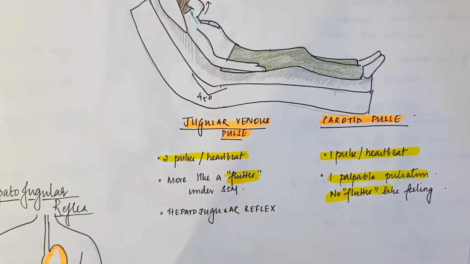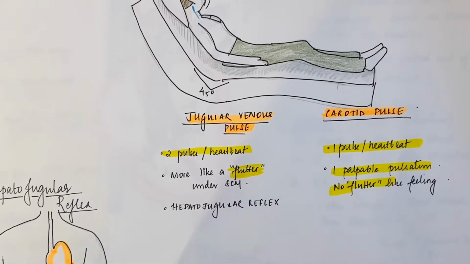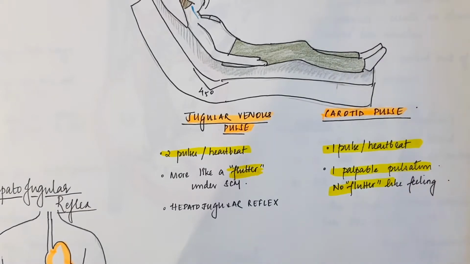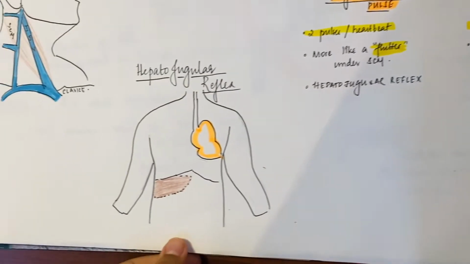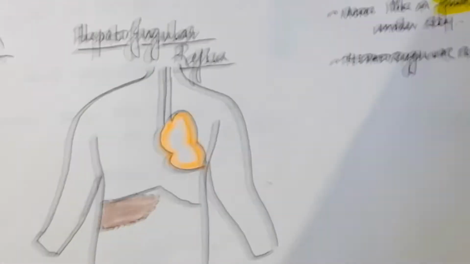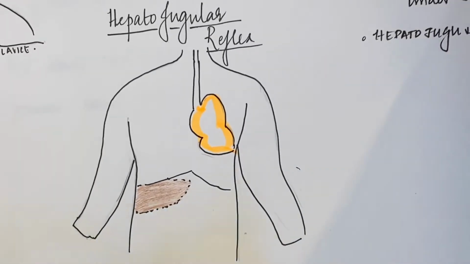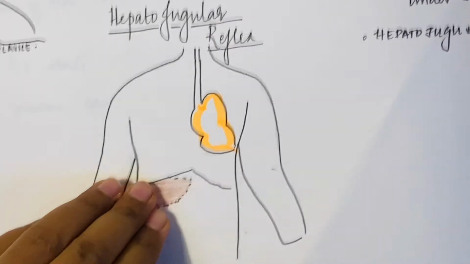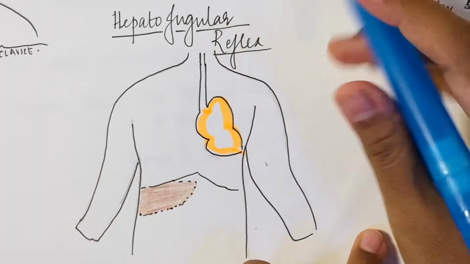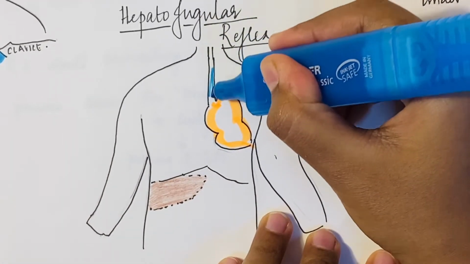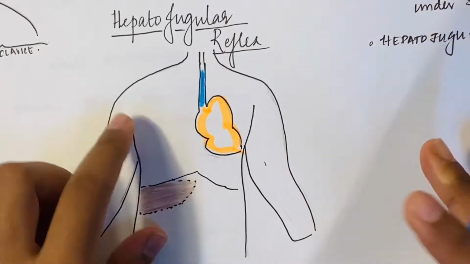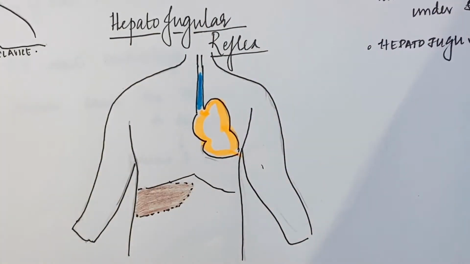If you put a finger over the carotid, it will just be a palpable pulsation. It's not like a flutter. It's a proper pulsation. A third way to check for the JVP is by putting pressure over the right upper quadrant of the abdomen. After putting the pressure, there will be a temporary rise in the JVP, and this is called the hepatojugular reflex.